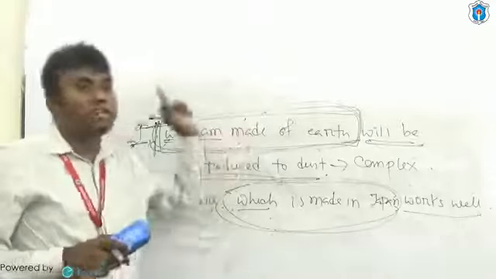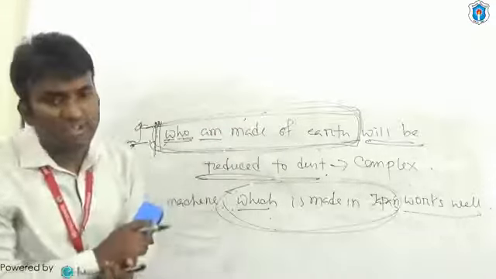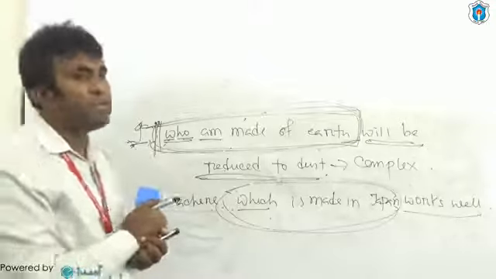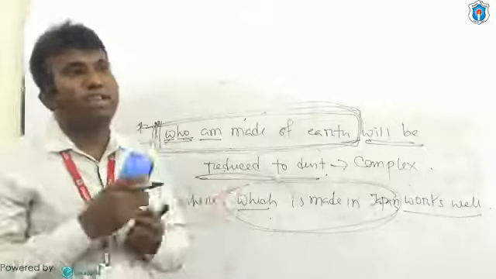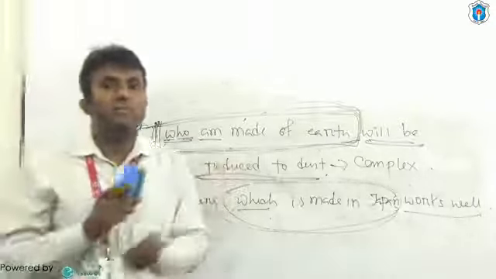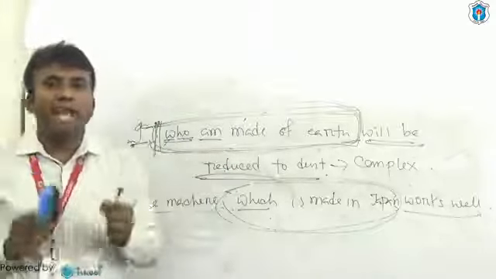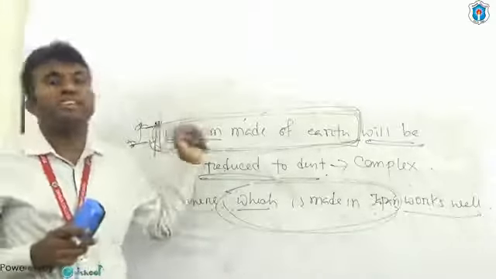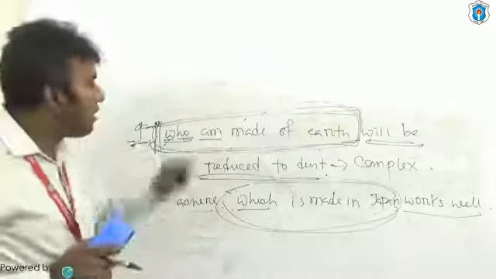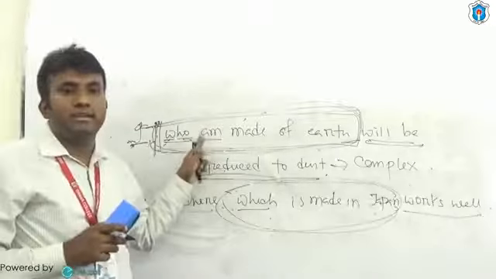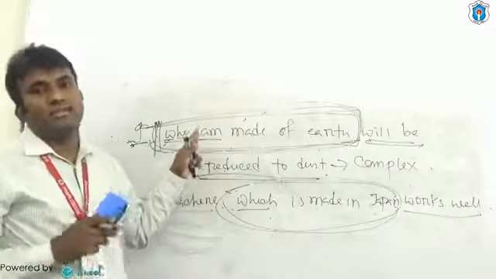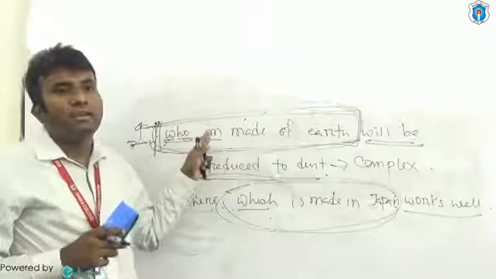There are a lot of conjunctions used in complex sentences, but I will enlist the most vital ones. Look at the word. Now I am going to enlist the conjunctions that will be used in complex sentences.